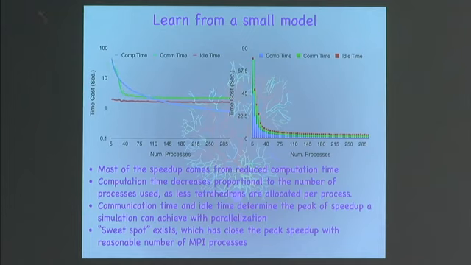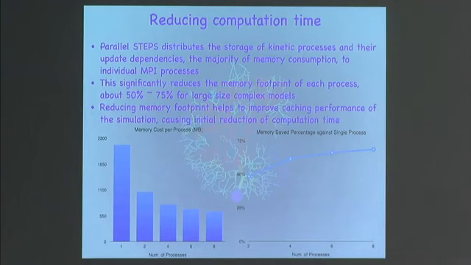Now, why does the computation time drop so sharply in the beginning? This is really because modern processors are very dependent on cache memory. Right? And so as we distribute a model over different processes, on each process the model becomes smaller and smaller, and so we make more efficient use of this cache memory. It's, from a computer science viewpoint, a very trivial result, but it actually gives you a tremendous speed up.